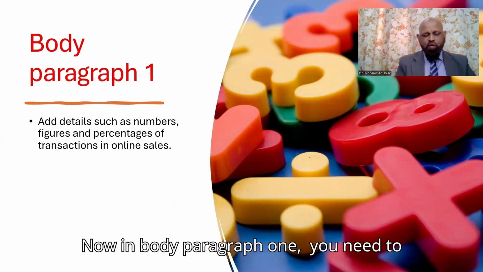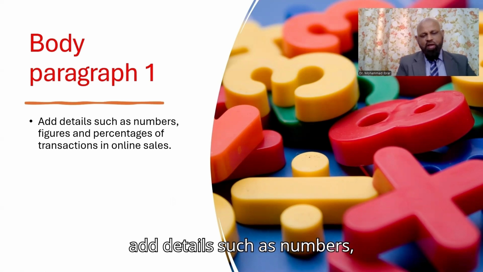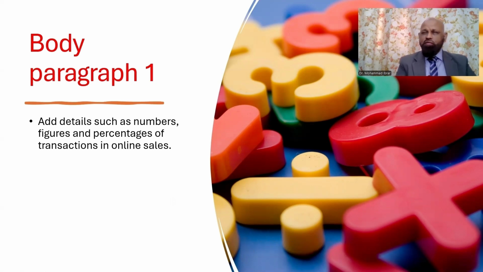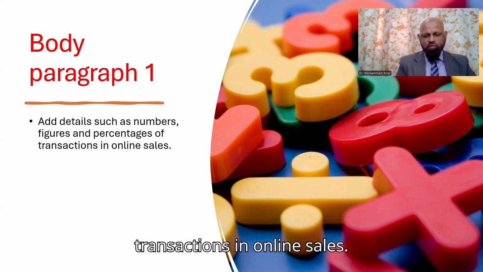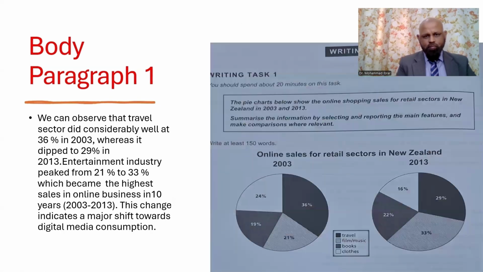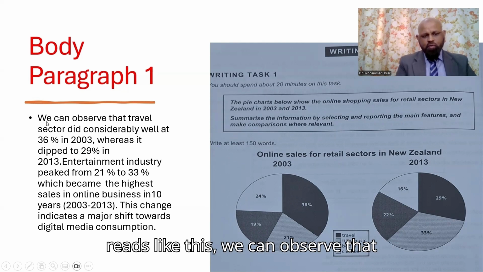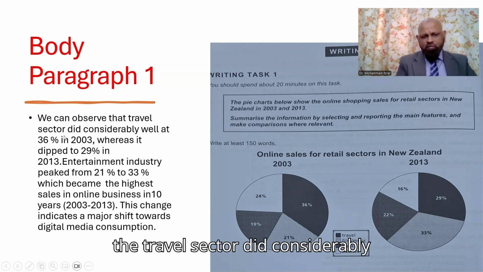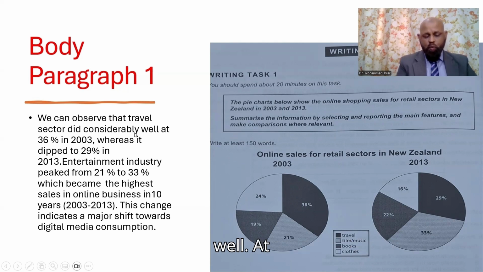Now, in body paragraph 1, you need to add details such as numbers, figures, percentages of transactions in online sales. So body paragraph 1 reads like this. We can observe that the travel sector did considerably well at 36%.